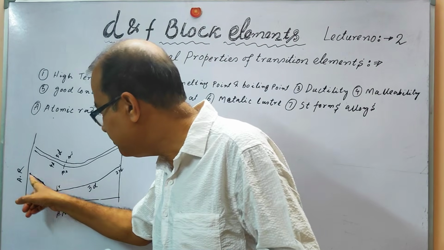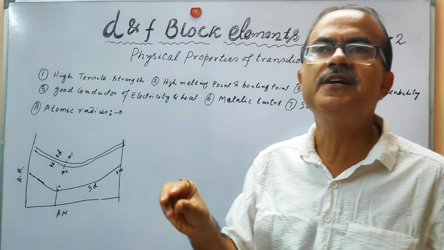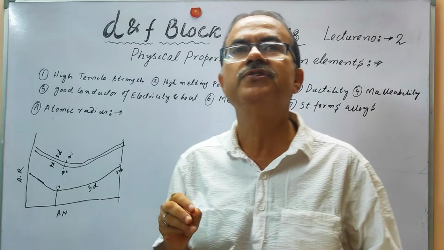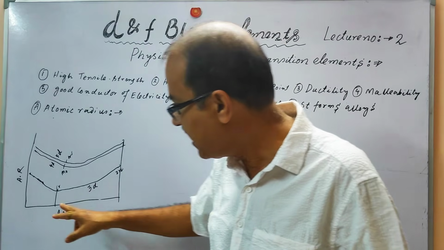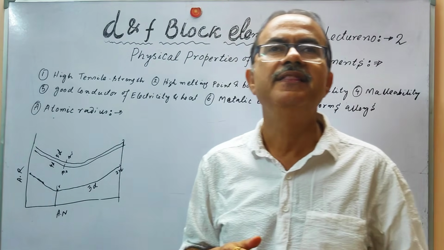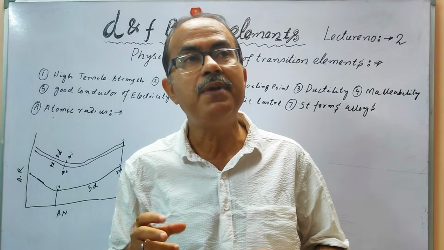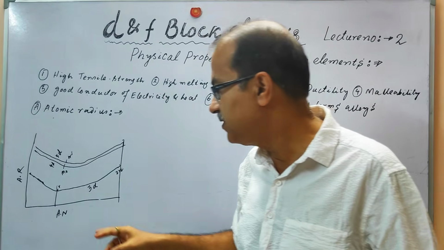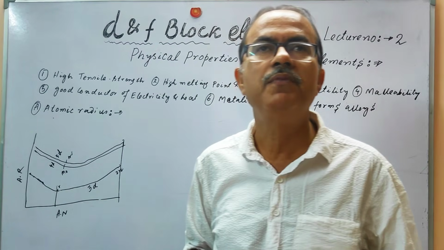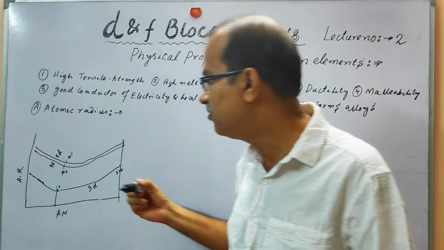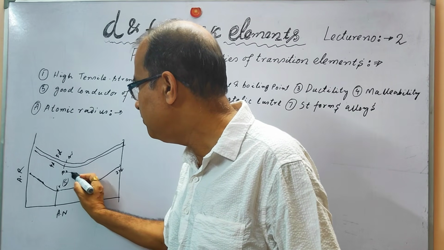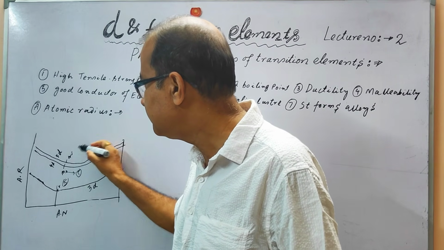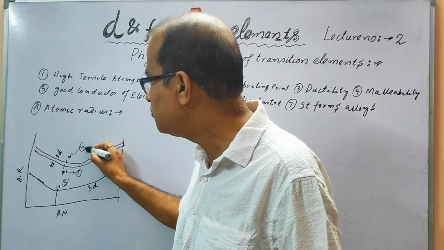But at the middle of the series, there is a higher number of d electrons. In chromium there are 5 d electrons, in molybdenum also 5, and in tungsten also.